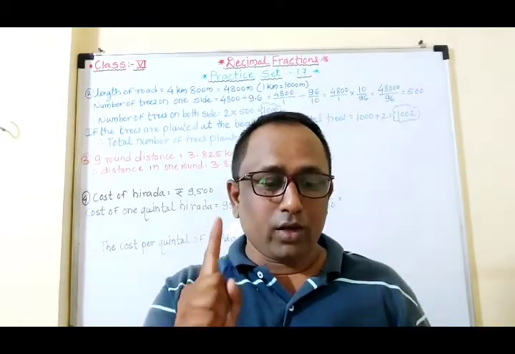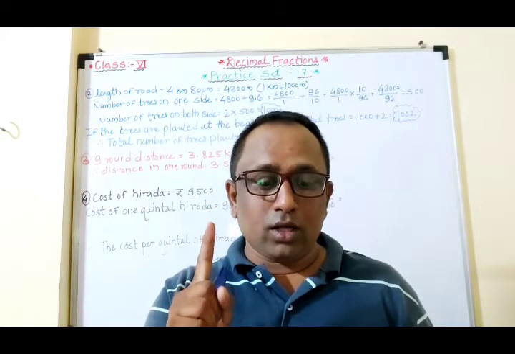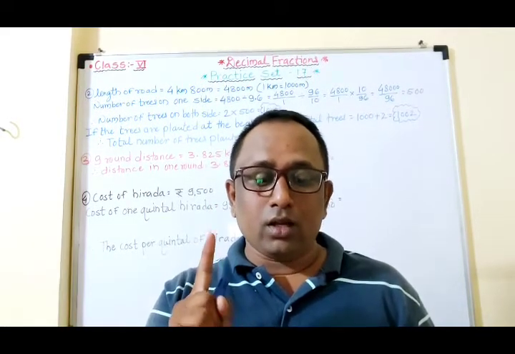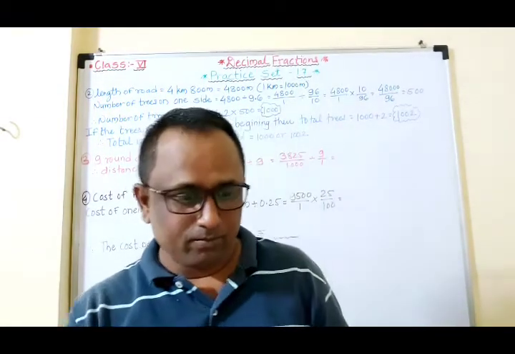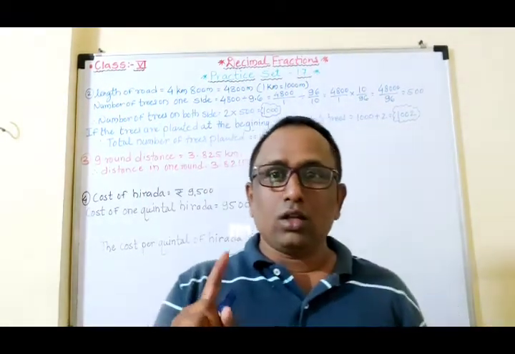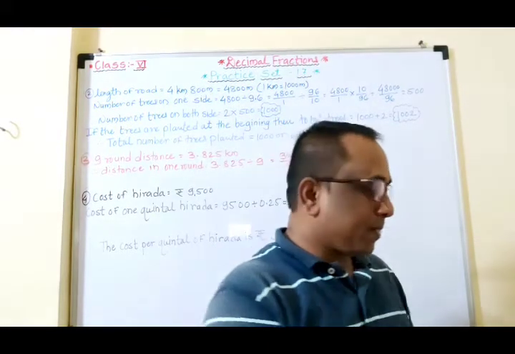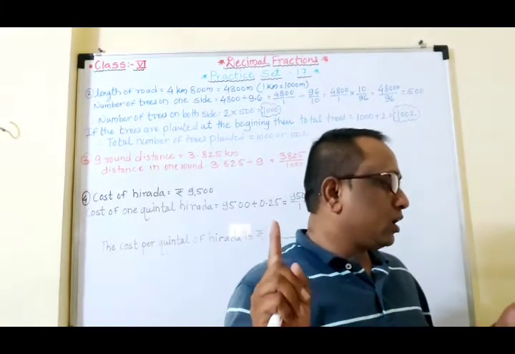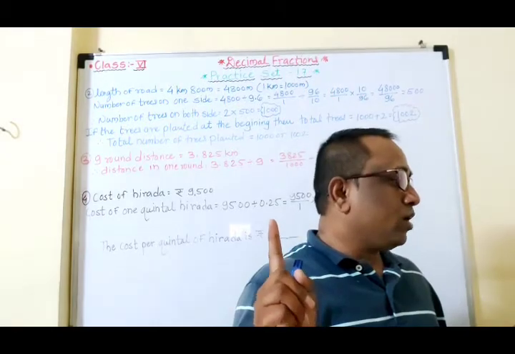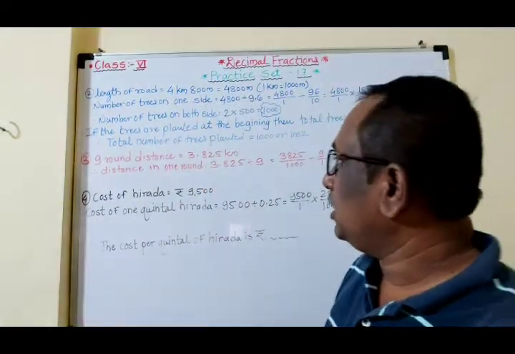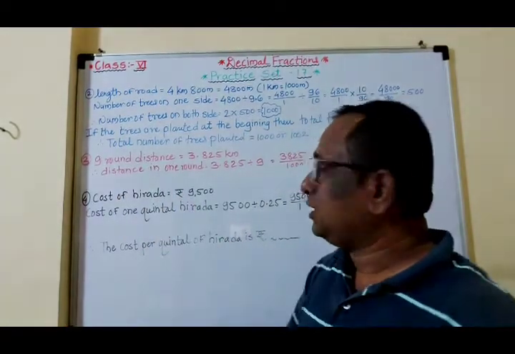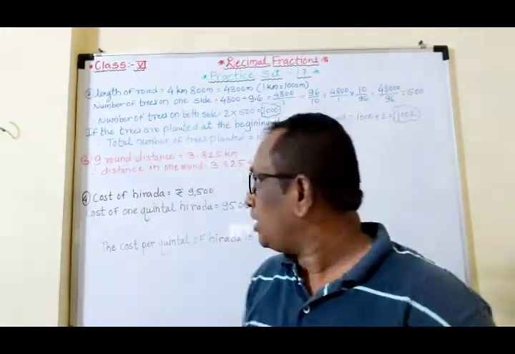Per means 1 quintal of Hirida, and that is given here, 1 quintal. 1 quintal is equal to 100 kilogram. Now we have to find the cost of 1 quintal Hirida. Now see here, the cost of Hirida is given as rupees 9,500.